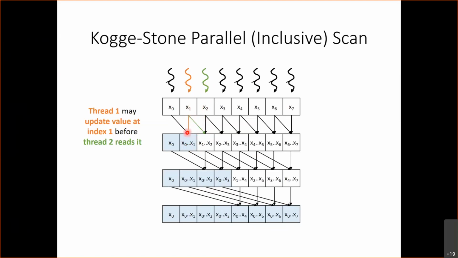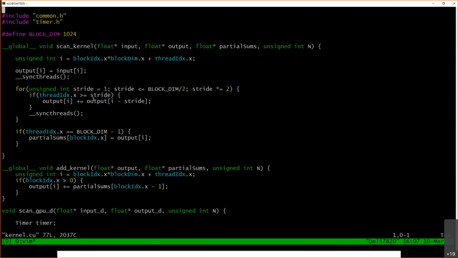So what we're going to do is read, sync, then write, and then sync. Here we need to make sure that every thread reads output of i minus stride before we allow the thread that owns output of i minus stride to update it when we do output of i plus equals the result.